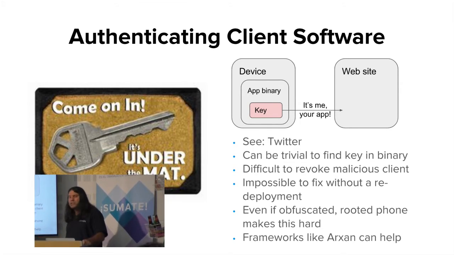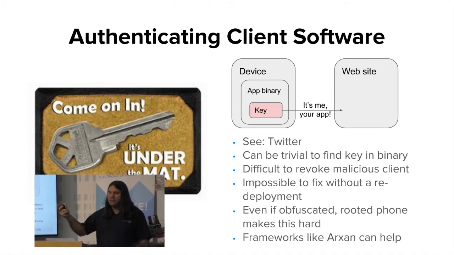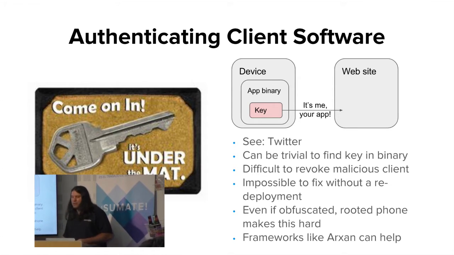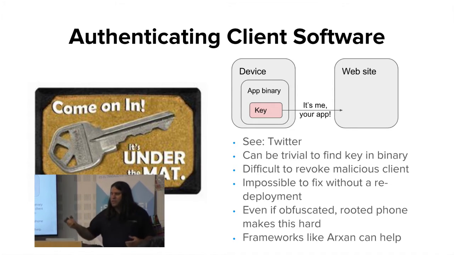So there are frameworks like Arxan. Anybody heard of Arxan? If you have a mobile app and you're interested in protecting secrets in the application or trying to attest for the software, if you insist that you have to do that, Arxan is a good place to look. They have a framework that does code obfuscation. It does hash checking to make sure that you haven't modified your code.